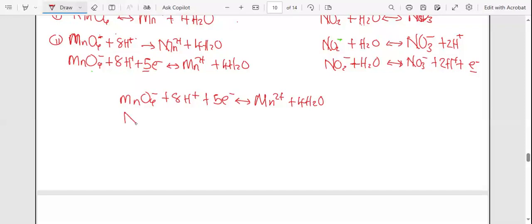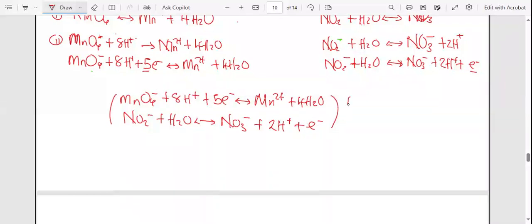Then also let me do this one. Let me bring it like that, plus H2O, then plus NO3 negative plus 2H plus, like that. So now you interchange the electrons that are variable.